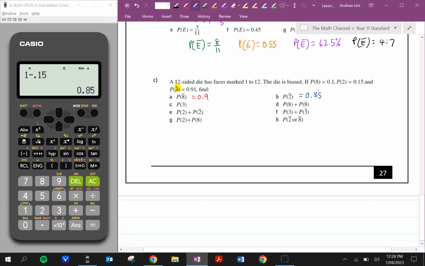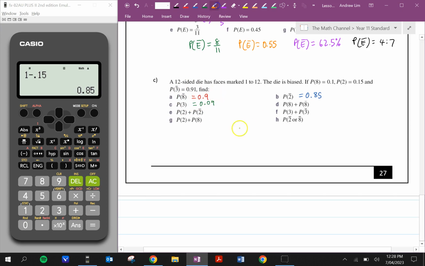Well, we can see here the probability not 3 is 0.91, so the probability of 3, the complement, will be 1 minus 0.91, which is 0.09.